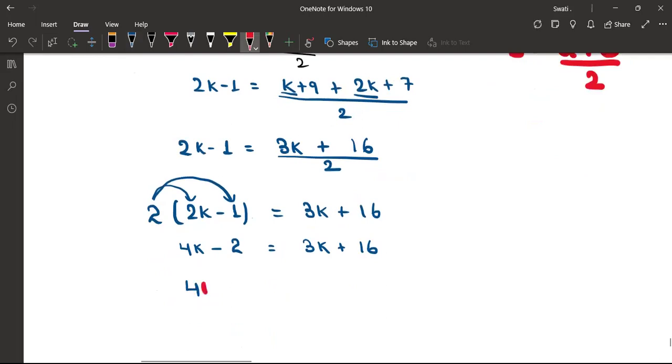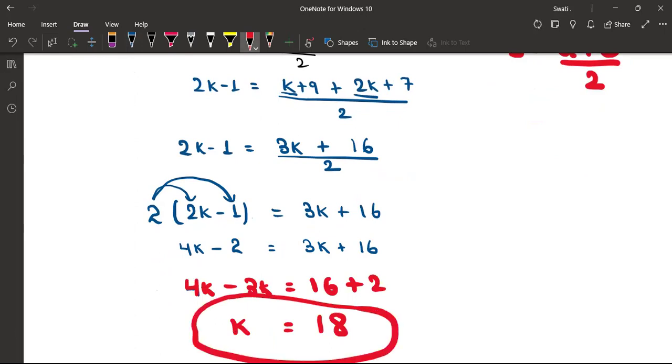So 4k as it is, 3k will become minus 3k is equal to 16 will be as it is and minus 2 will become plus 2, right? Now what is 4k minus 3k? It's k because 4 minus 3 1 होता है. So 1 into k will be k only. And what is 16 plus 2? It's 18. और k की value हमें find करनी थी. We have got the value. K is 18. Tell me Manya, clear है ये question?